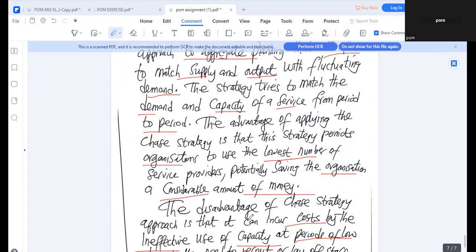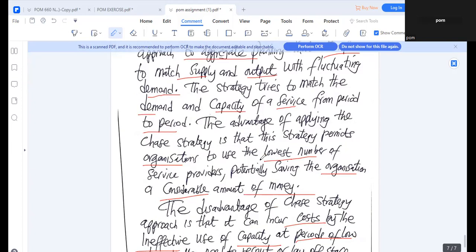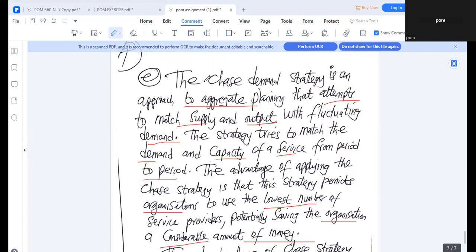So this is just about the pros and cons of a chase strategy. The advantage is that you produce to meet demand, but of course, this strategy can incur cost by ineffective use of capacity at periods of low demand. And of course, you need to recruit or lay off workers, with learning curve effects. So this is just about what this assignment paper was all about.